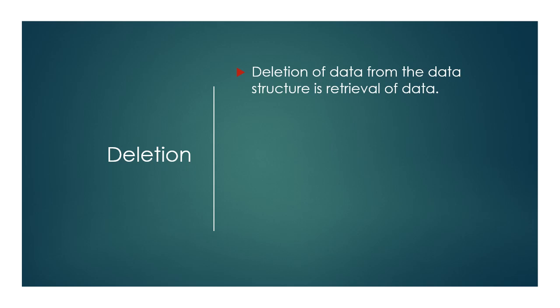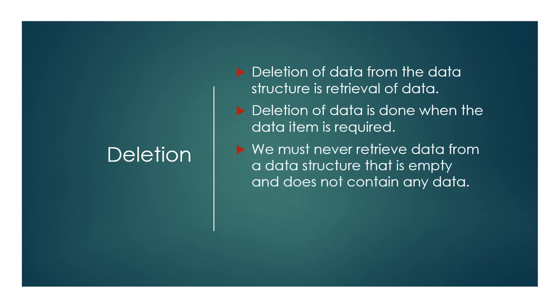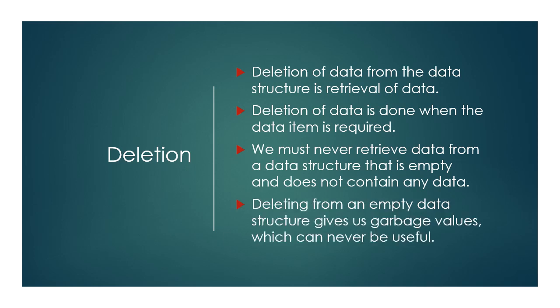Deletion of data from the data structure is actually the retrieval of data, and deletion of data is done when the data item is required. We must never retrieve data from a data structure that is empty and does not contain any valid data. Deleting from an empty data structure gives us garbage values, which can never be useful.